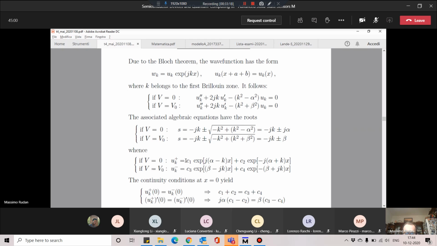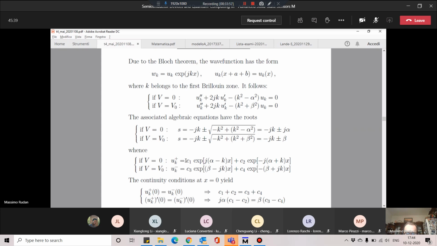So we have exponential of (beta minus jk)x or exponential of minus (beta plus jk)x, okay? So these are the solutions, and we have 4 undetermined coefficients, okay? You are already accustomed to the counting of the unknowns. We have 4 unknown coefficients, c1, c2, c3, and c4.